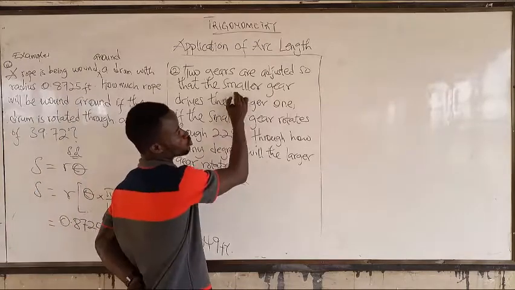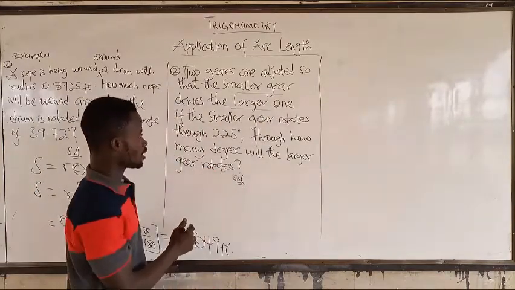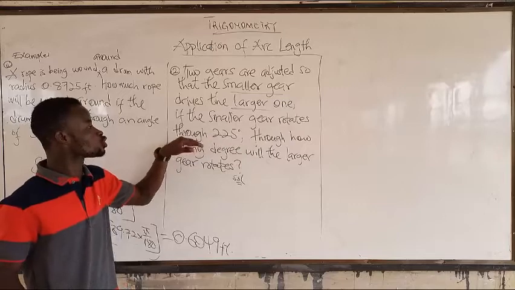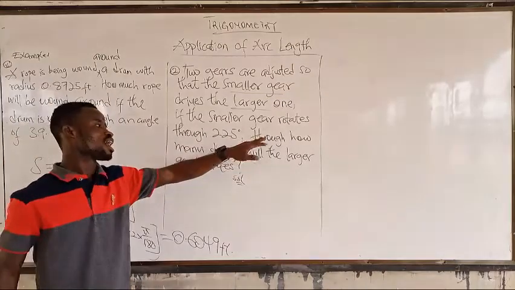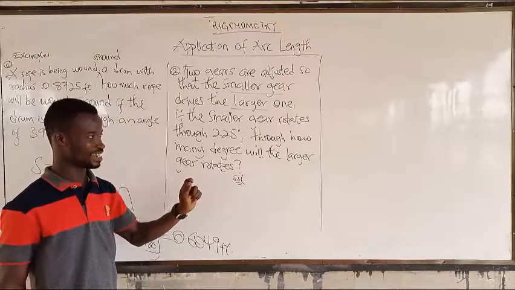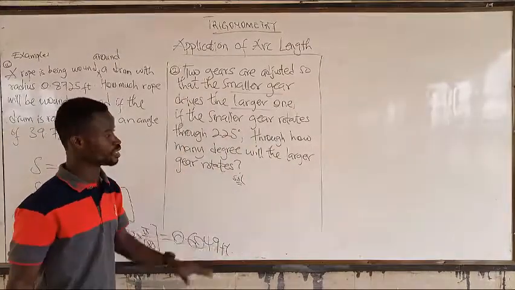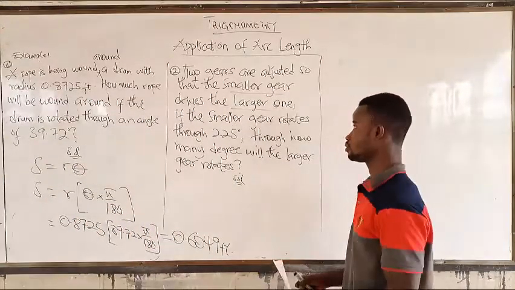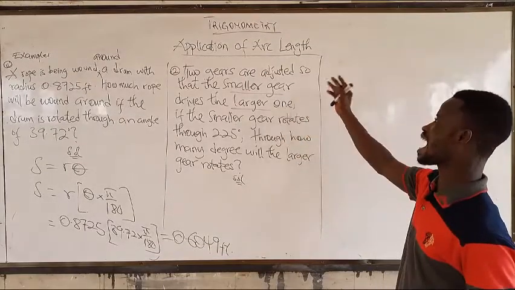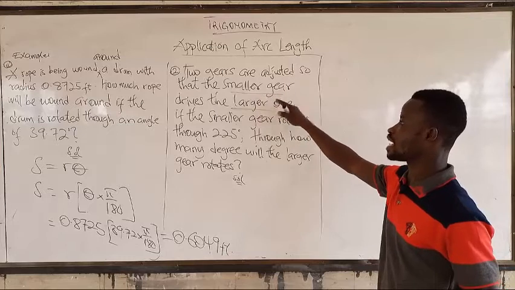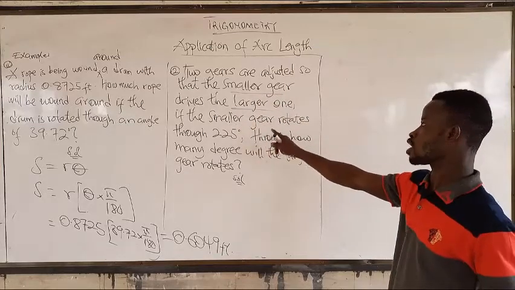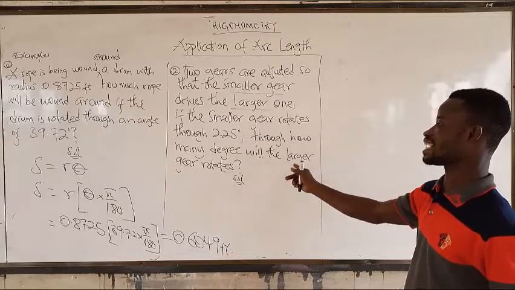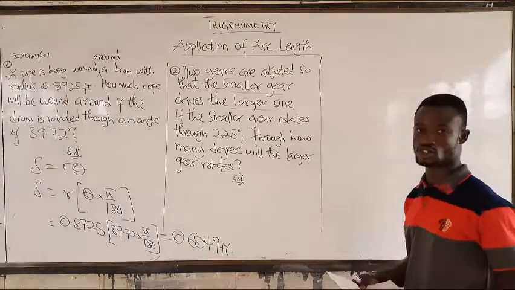So that means there is a smaller gear and a larger gear. If the smaller gear rotates through 225 degrees, through how many degrees will the larger gear rotate? A very nice question to look at.